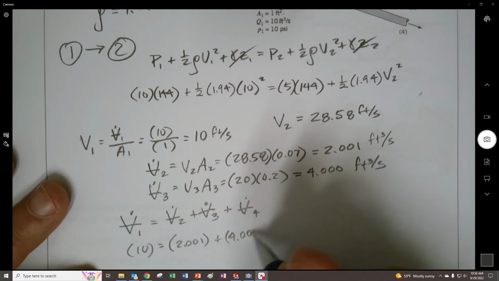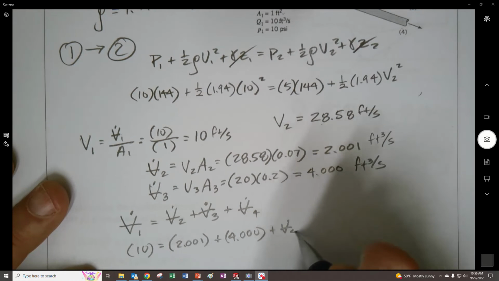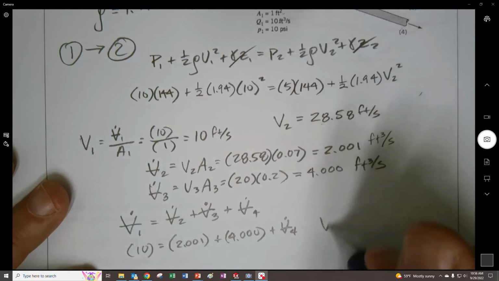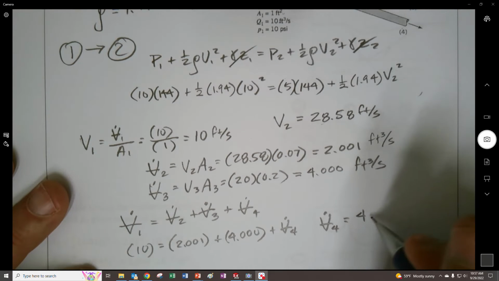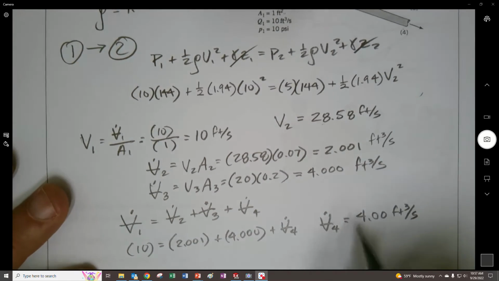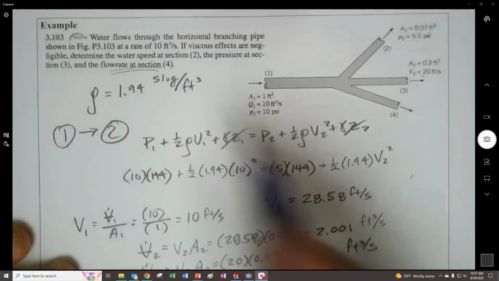This is 4. And then we could find V4, easy enough. If you just stuck with 2 sig figs, you know that this is going to be 4 cubic feet per second, right there. So we answered the third part of it there first.